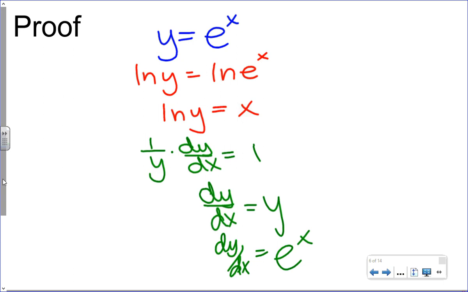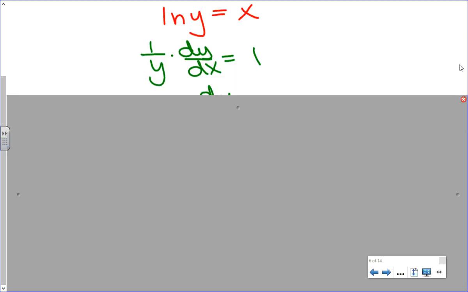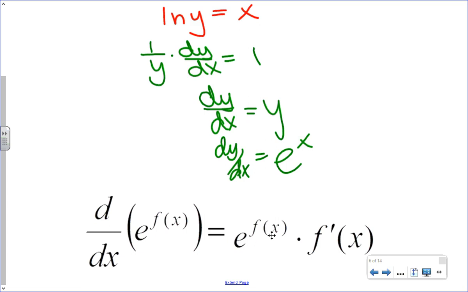Now keep in mind, however, that if we have something inside of our function, we will have to apply the chain rule. So if we have e to a function, then our derivative is e to the function times the derivative of what's inside.